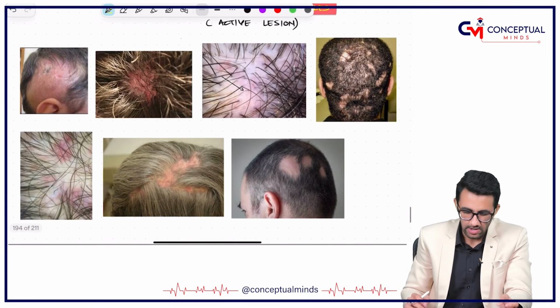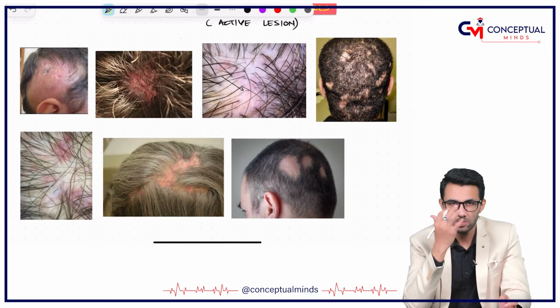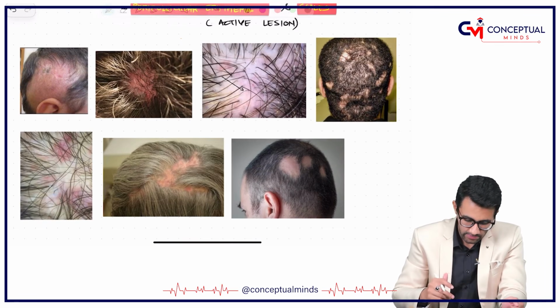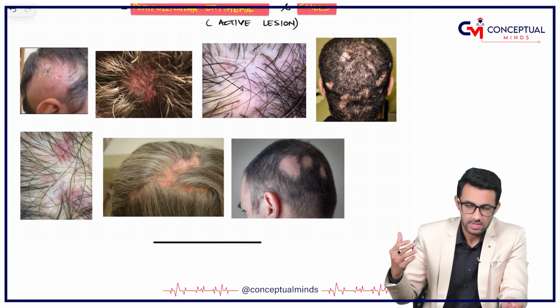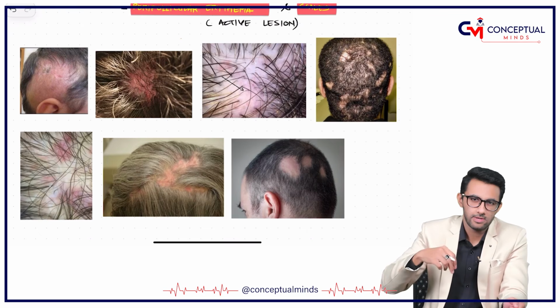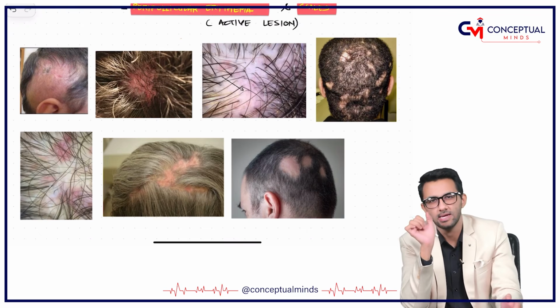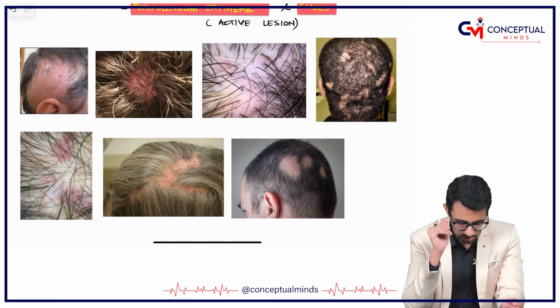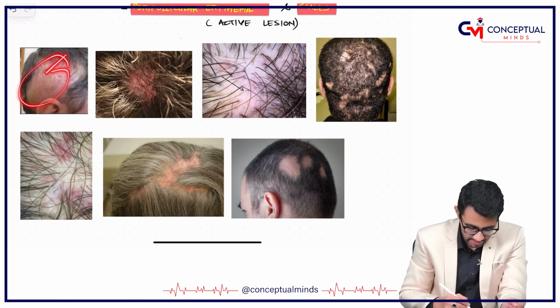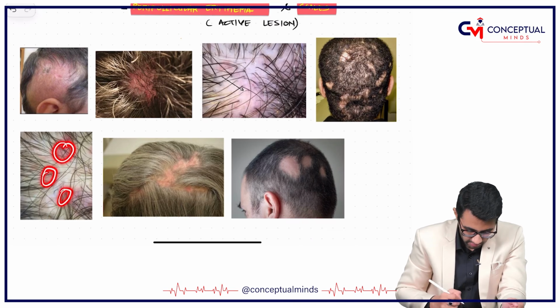So I just tried to include a bunch of images here, and each of these images represents a certain chapter. Over here I just want you to have an idea about how things are. You can see there is this scar formation, and I want you to focus on this part.